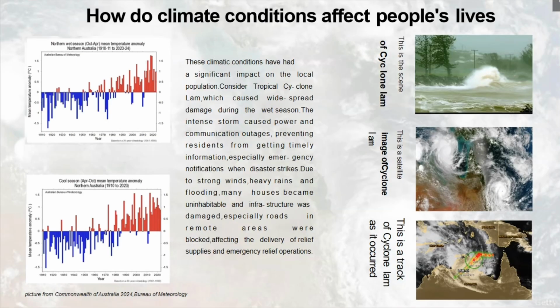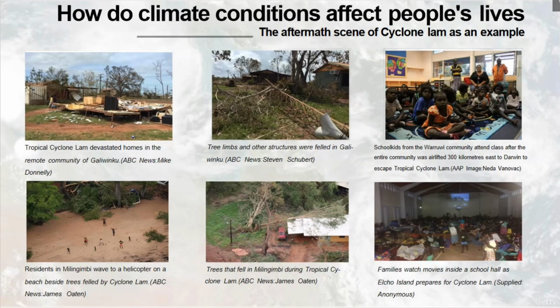According to the rainfall and temperature charts, rainfall in some years, such as the 1970s and 2000, was particularly high, exceeding 900 mm, showing the intensity of the rainy season. At the same time, since 1990, the temperature has gradually risen and the dry season has become increasingly hot and dry. These climatic conditions have significantly impacted the residents of Yirkala.